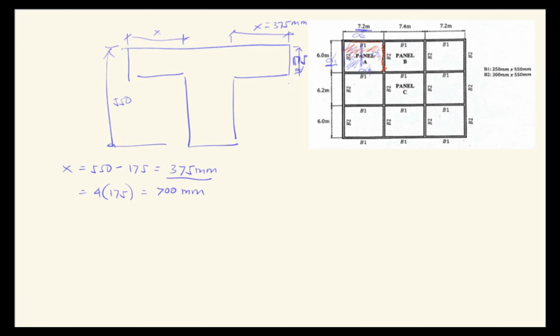Okay, having established the dimensions of the cross section, we can then compute for the centroid of this cross section. Let us consider this section first, and let us again have our reference here, so that we have the areas. This is, by the way, B2, and so this is 300 mm.